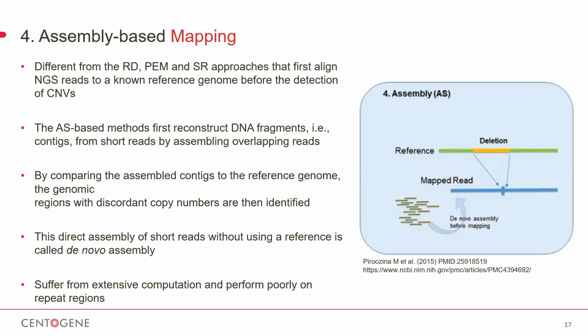This can detect discordant copy numbers. The method of direct assembly without using a reference is known as de novo assembly, but it is a very sophisticated and extensive computational method and has poor performance, of course, in repetitive regions.